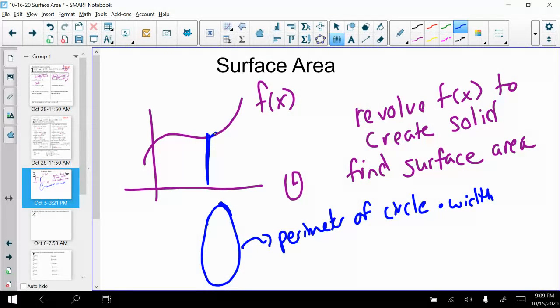So this little step that we talked about yesterday, the width of this is a little distance along my f of x. So what I'm hoping you guys are realizing is this width is a tiny piece of our arc length.